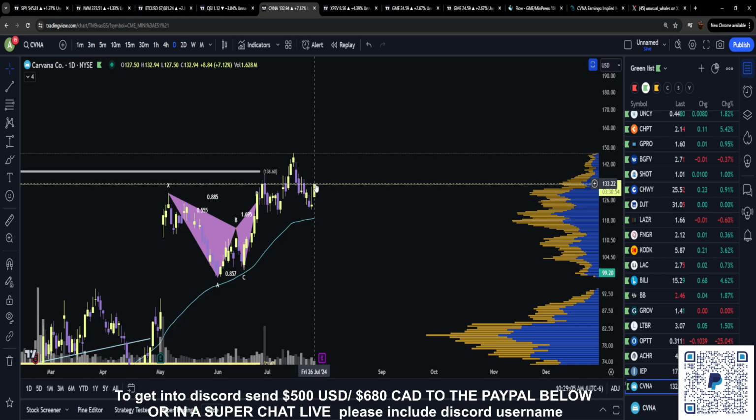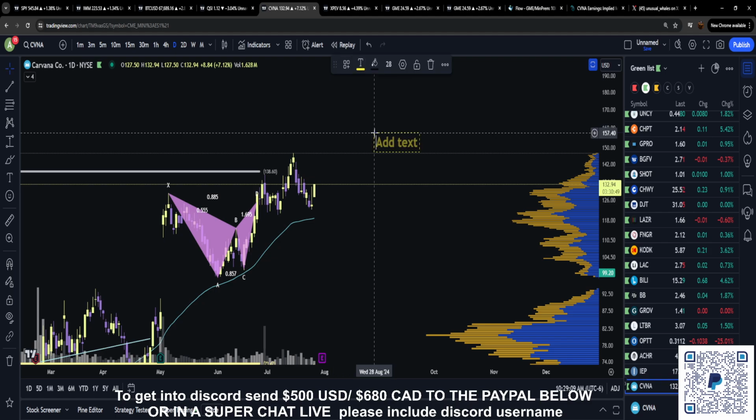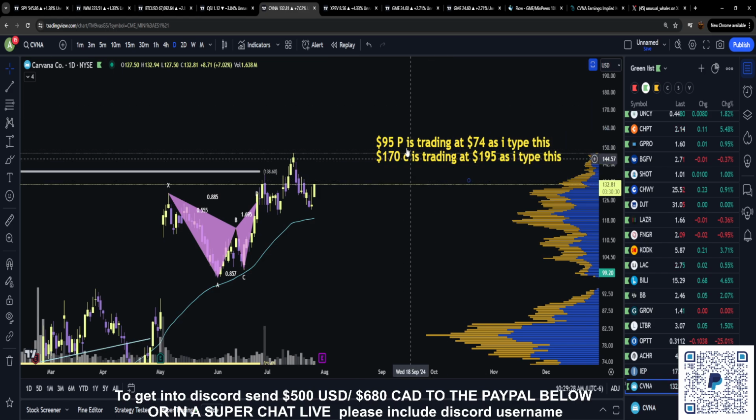So here's the deal. The 95 put is trading at $74 as I type this, and the 170 call is trading at $195. The call is pretty expensive.